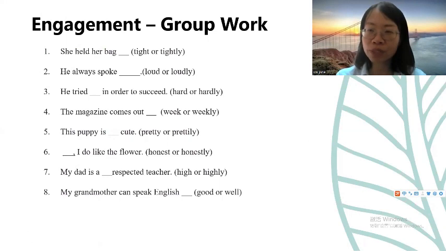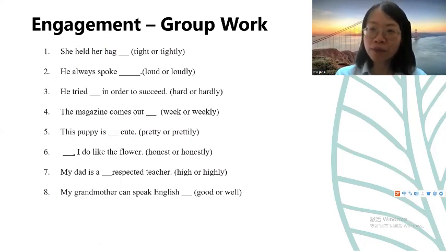For each question, please choose the right adverb, which could describe the verb, adjective, or the whole sentence. Once you complete the group work, please compare results with the right answer and post the results in the chat box. Then after 2 minutes, we'll see who is the final winner of this group work.